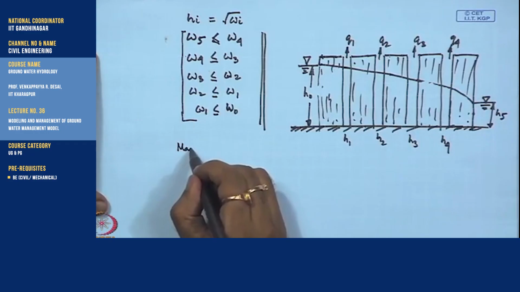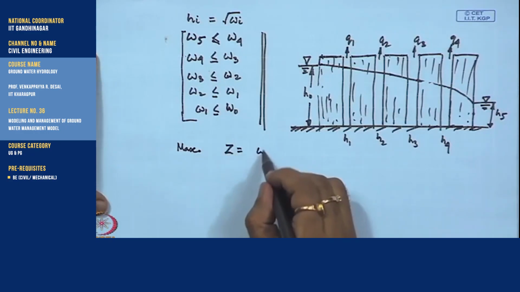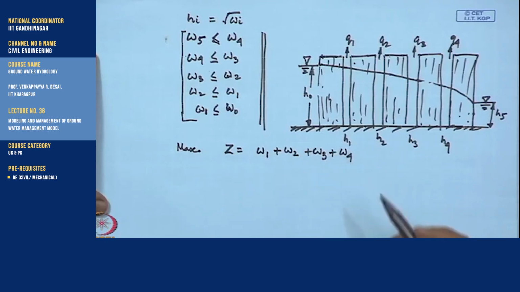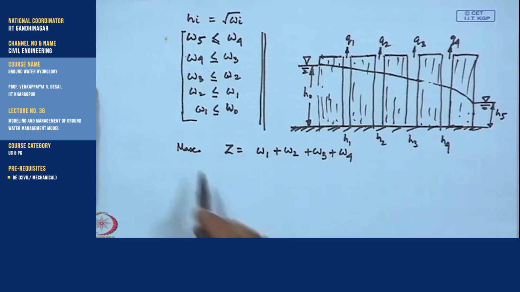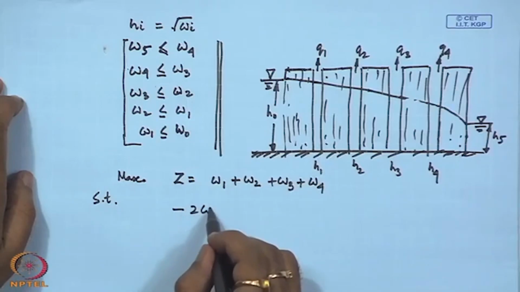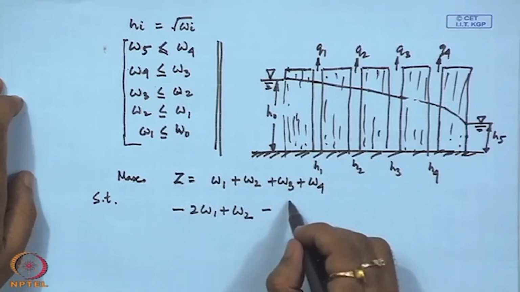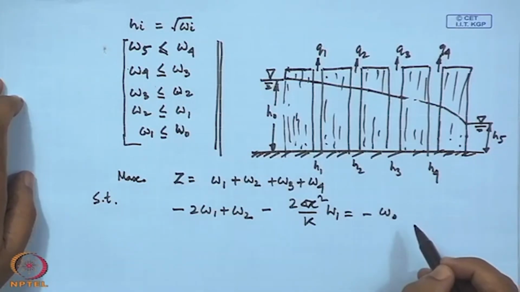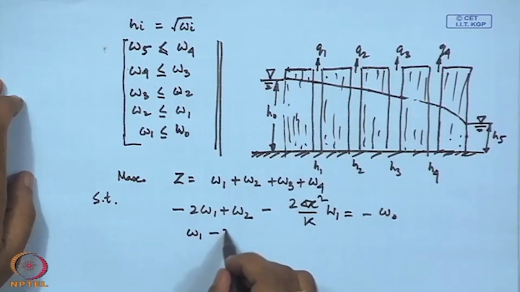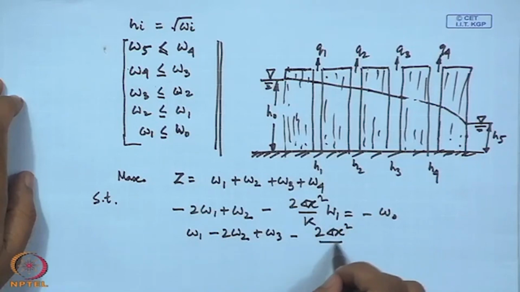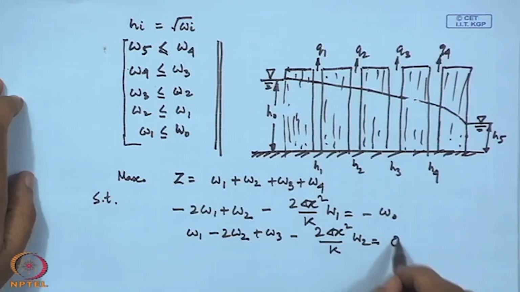We have the problem as maximize Z, where small w1, w2, w3, w4 is our objective function, subject to finite difference equations, that is 2 w1 plus w2 minus del x square by k w1 minus w naught, and w1 minus 2 w2 plus w3 minus 2 del x square by k w2, this is 0.